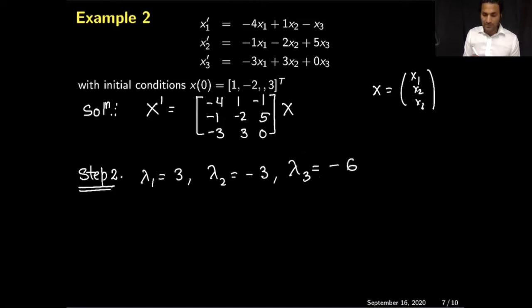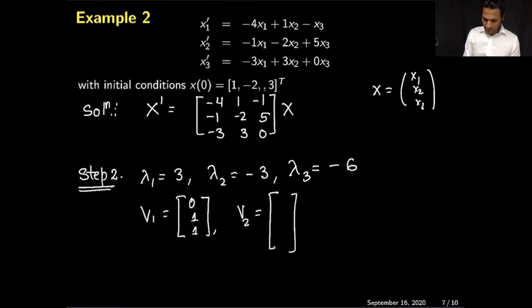The corresponding eigenvector v1 for lambda 1 is (0, 1, 1). For lambda equal to -3, it is (1, 1, 0). And for the last eigenvalue, lambda equal to -6, the eigenvector is (1, -1, 1).